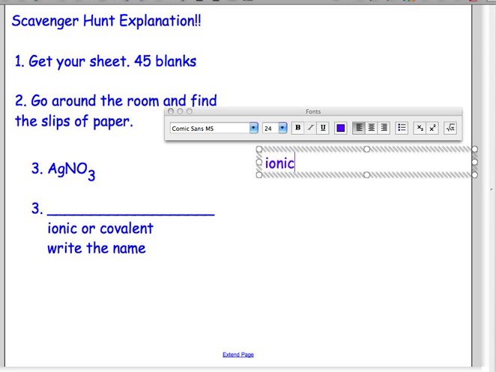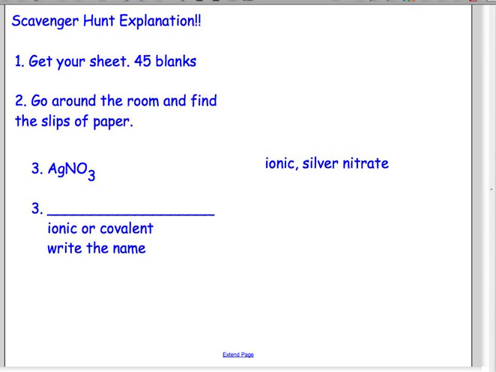So this is indicating it's ionic. And then what you want to do is use your ionic naming to write the name for this. So we would write silver nitrate. So on your sheet, you would have number 3, you'd have ionic, comma, silver nitrate. If you came up to one that was covalent, you just write covalent, do it that way.